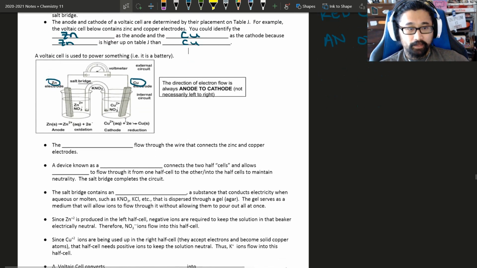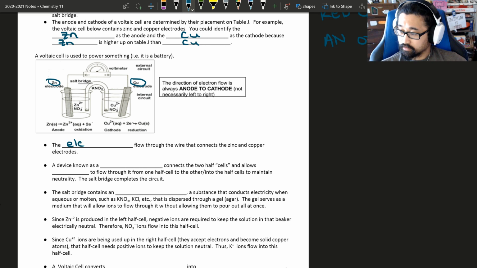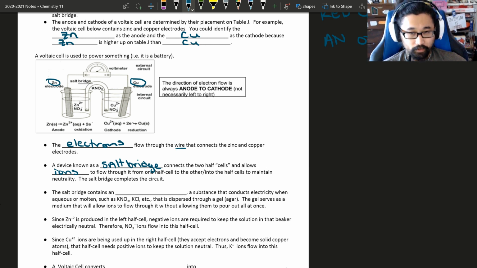Now, when we make a voltaic cell, which, by the way, a battery is a voltaic cell, something that turns chemicals into electricity, we need to connect the two pieces with a wire in order for electrons to flow. So electrons flow through the wire. A device known as a salt bridge connects the half cells and allows ions to flow. The bridge is not a literal bridge, nor is it made out of salt.